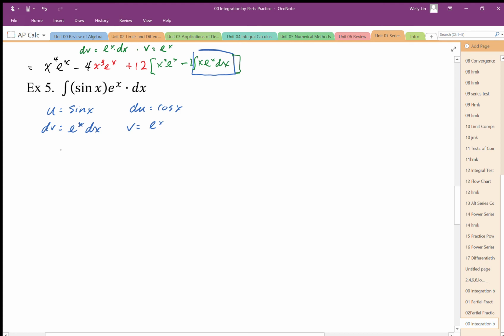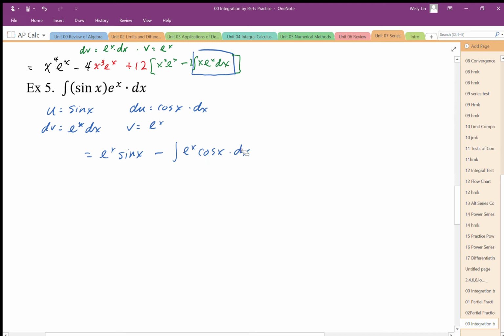Setting up my new integral, this is going to be equal to uv, so e to the x sine x, plus, minus v du, so minus e to the x cosine x dx. Okay, so there's our new integral.